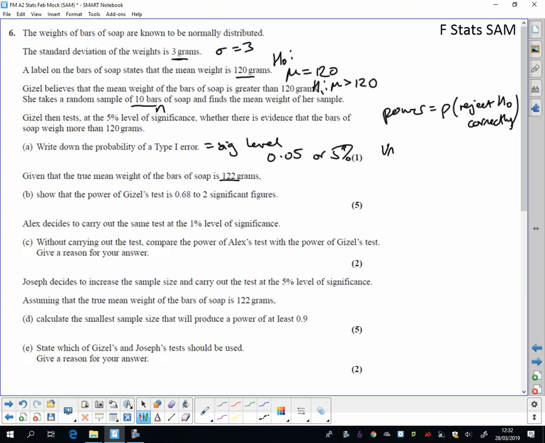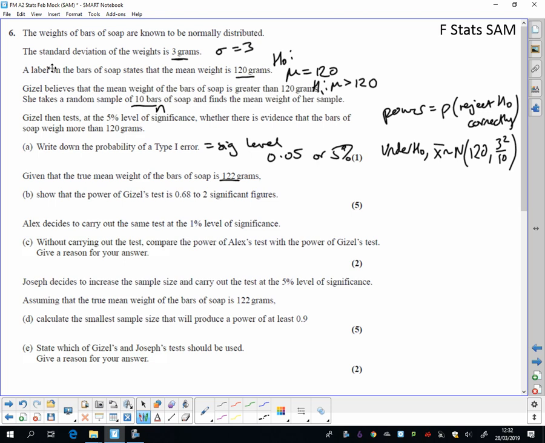So if H0 is true, then the mean weights come from a normal distribution with a mean of 120 and a variance of 3 squared over 10, because we're taking sample means, so we take the variance and divide by the sample size.